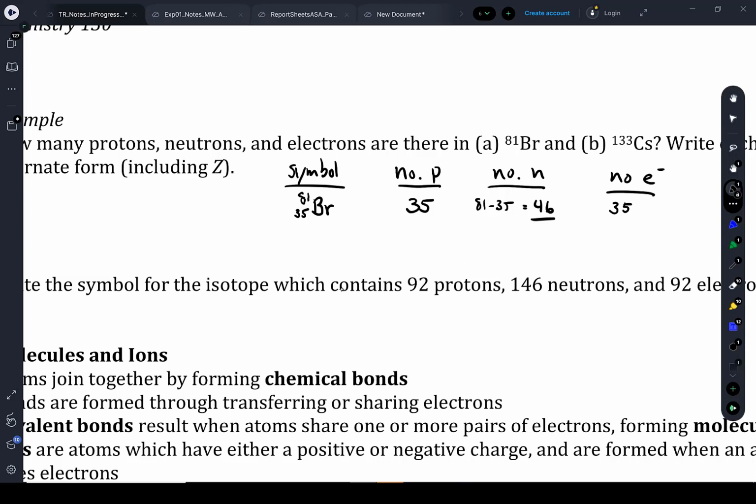And if we did 133Cs, or cesium-133 is the correct name, first thing you would do is always look it up on the periodic table. So cesium is element number 55. So number of protons is 55. Again, there's no charge, so you would have 55 electrons.